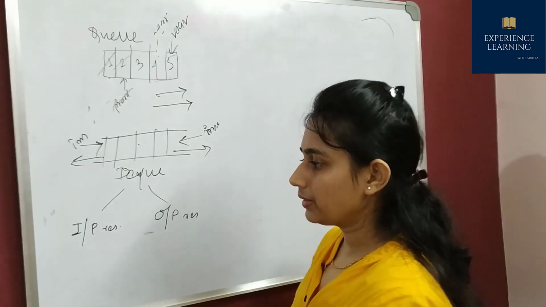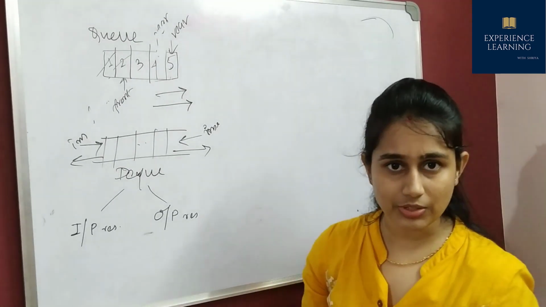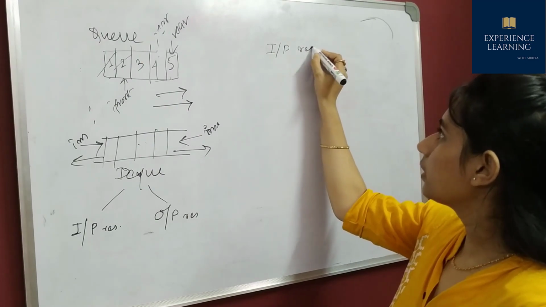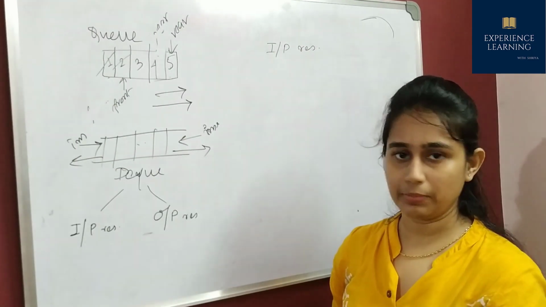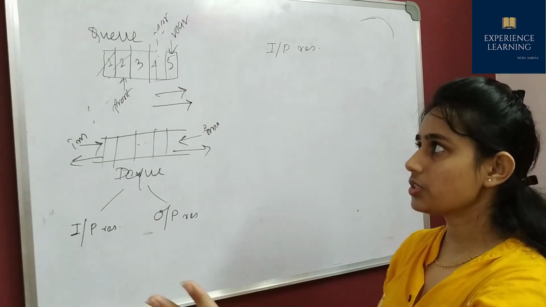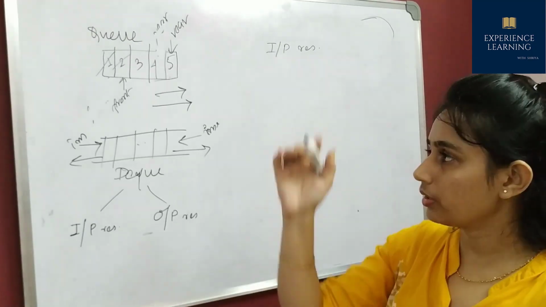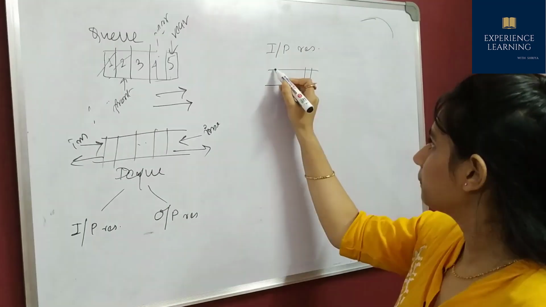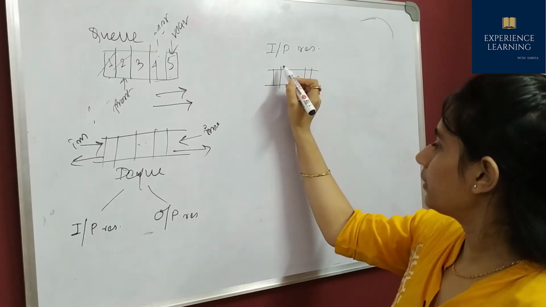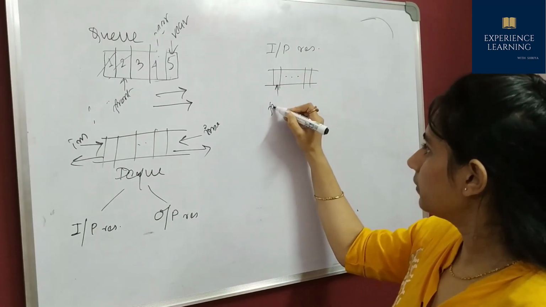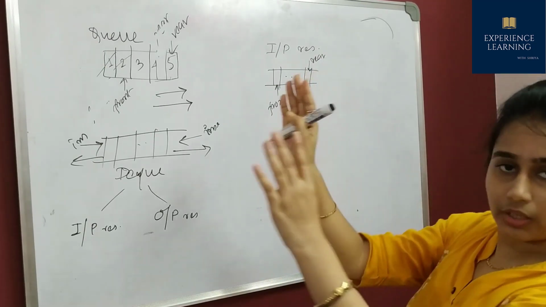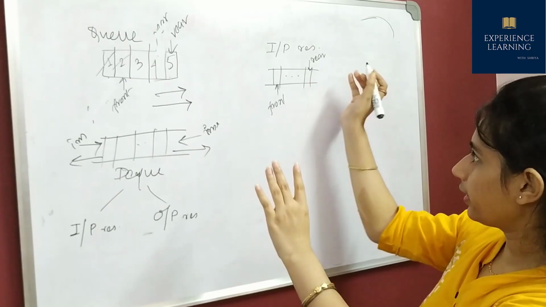From the name, I think you can understand what an input restricted double-ended queue is. In the case of an input restricted double-ended queue, the insertion is possible from this direction, I mean if it is front, if it is rear, then insertion is only possible here.